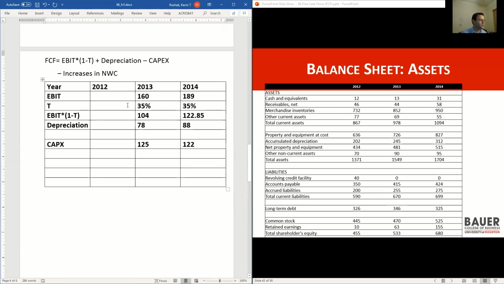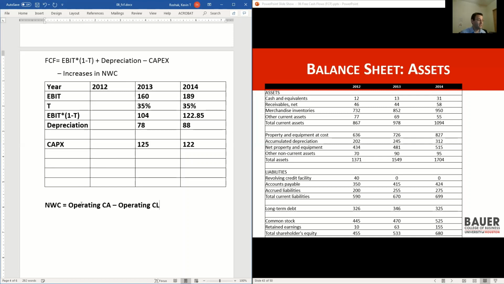All right. So that brings us to the last part, the increases in net working capital. And again, this is, I think, the trickiest thing to keep track of because there are a lot of moving pieces. So I'm going to break it down into small pieces. Recall that net working capital is your operating current assets minus your operating current liabilities.